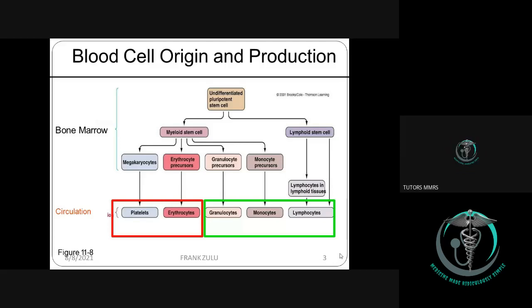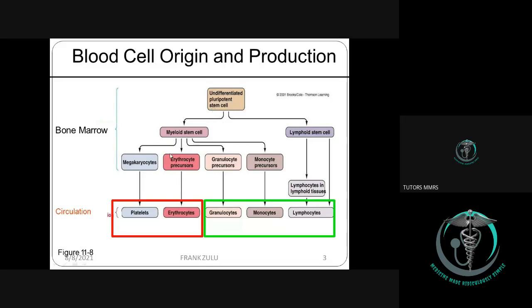So, in terms of red cell origin and production of RBCs, they are coming from the undifferentiated pluripotential stem cell in the bone marrow. So this is occurring in the bone marrow. What we need you to remember is the differentiation of red blood cells.